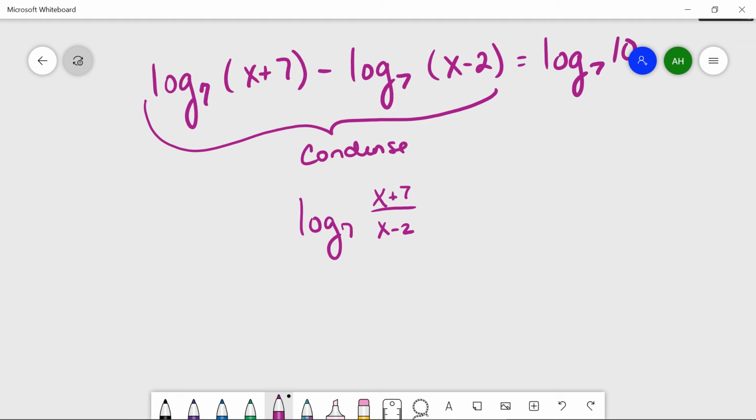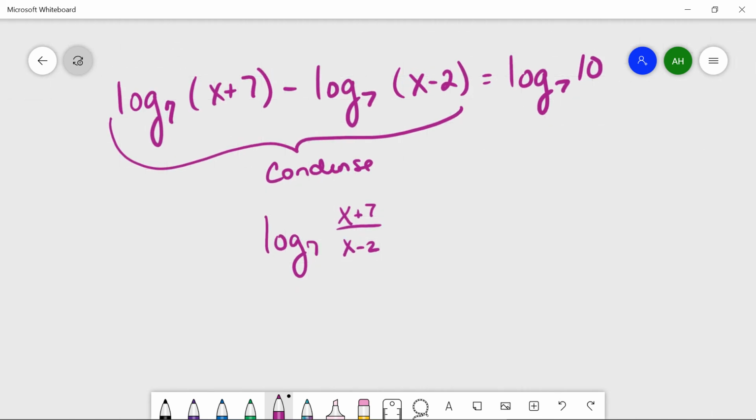So I'm able to condense this over here, and this side is log base 7 of 10. Now I can cancel these out, and I've got x plus 7 over x minus 2 equals 10.